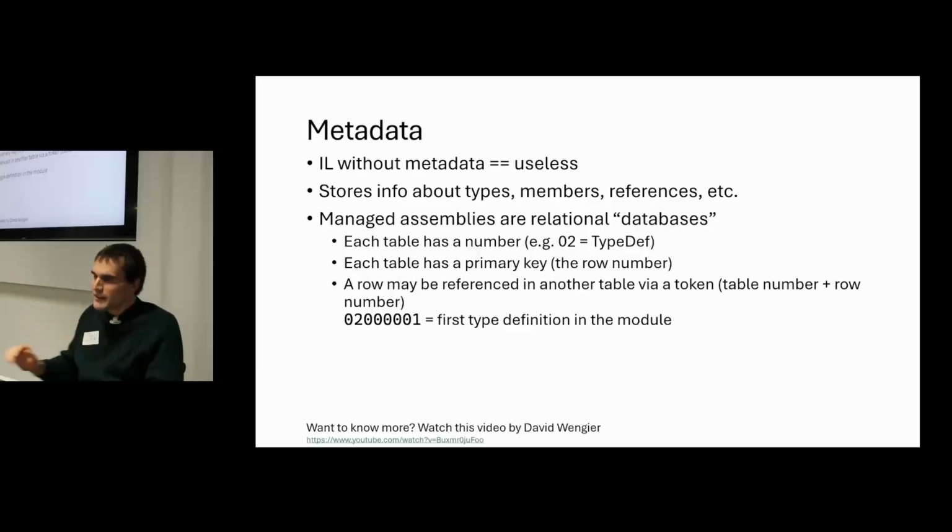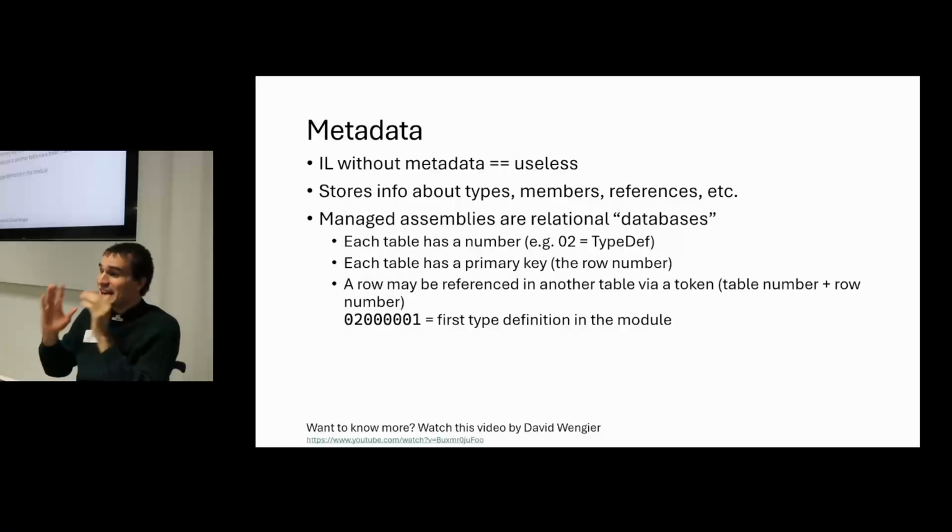I'll not go into details. To actually know what's going on in a .NET or IL method, you have to interpret those numbers, and the metadata stores the information about types and members and references and so on.